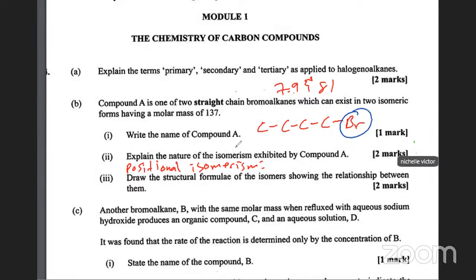Since both isomers are straight chain, the only thing that will be different is the position of the bromine group. You can put it on carbon 1, and then in the next one, you put it on carbon 2. You can have 2-bromobutane, and you can have 1-bromobutane.